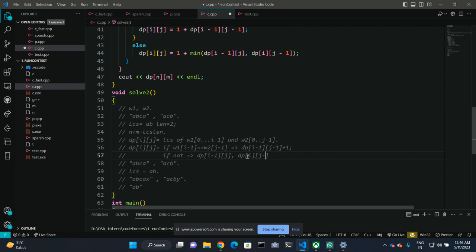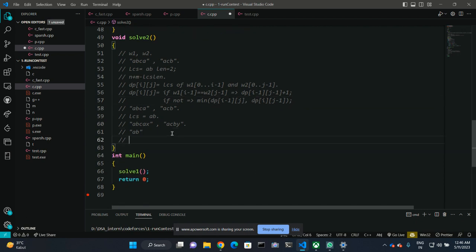Your base case is dp of 0, J. There are 0 characters in W1 and J characters in W2. So what is the LCS of those two strings? There are no characters in W1, so LCS will be 0, right? There will be no common subsequence because there are no characters in W1. So it will be 0.